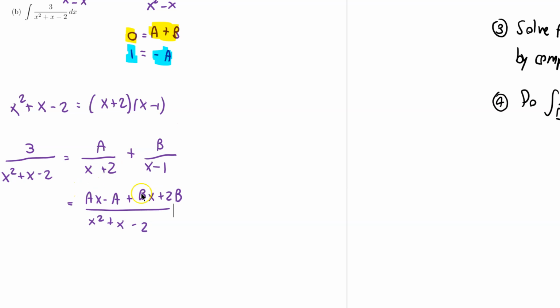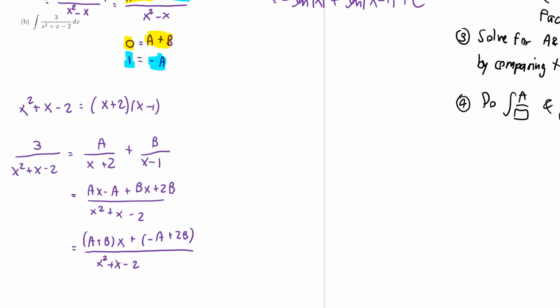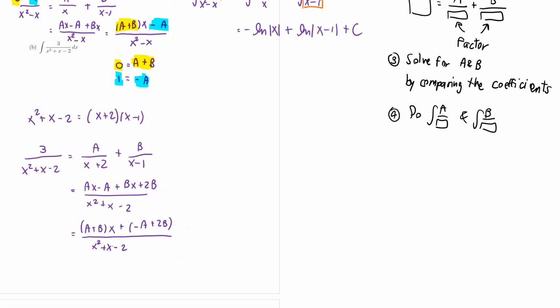I collect the x term, so that's going to be a plus b times x. And the other term is going to be negative a plus 2b. So let me write negative a plus 2b over x squared plus x minus 2. Now then, I can compare the coefficients.